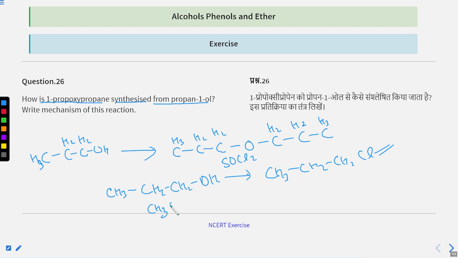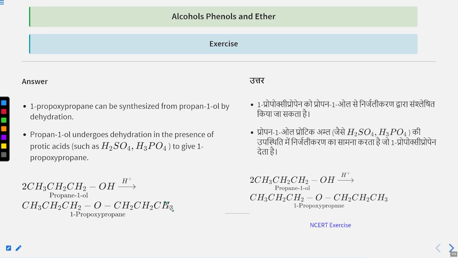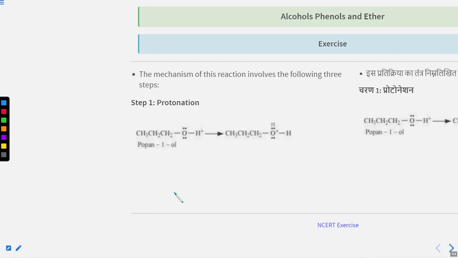If you treat it with base, that would result in CH3CH2CH2ONa. So they have taken 2 moles. First we'll convert one of the moles into the alkyl halide and another mole into alkoxide ion, and then we'll perform the reaction.